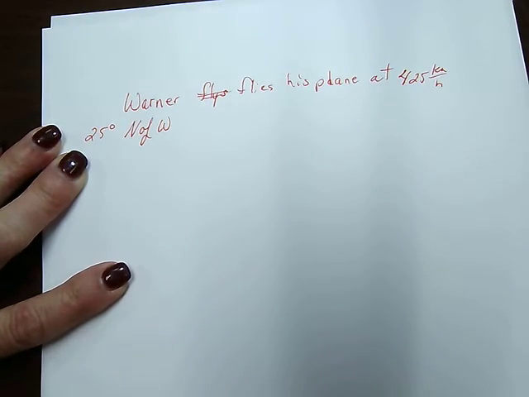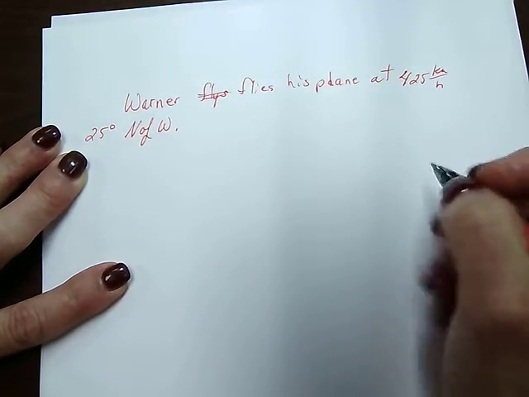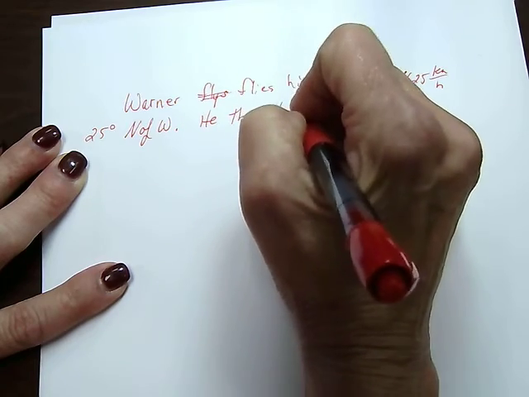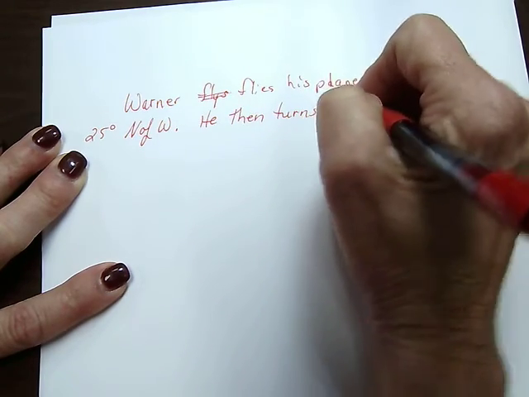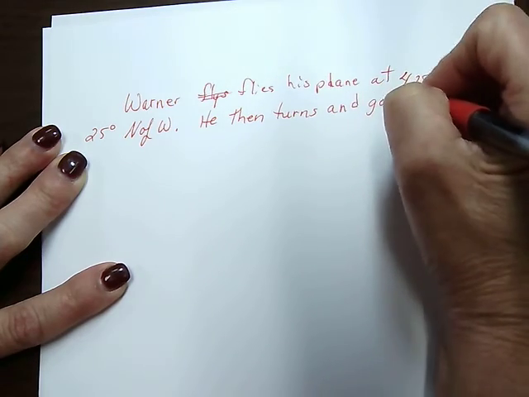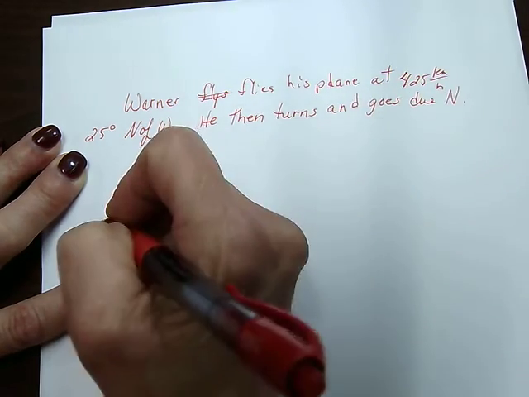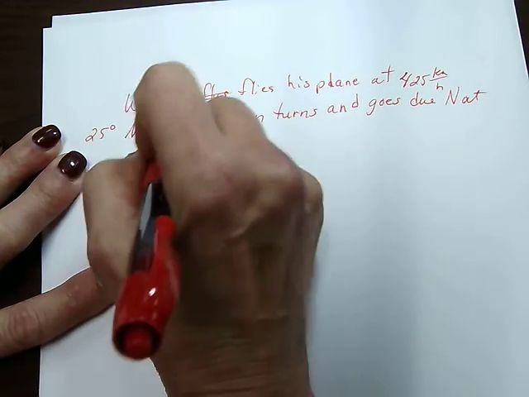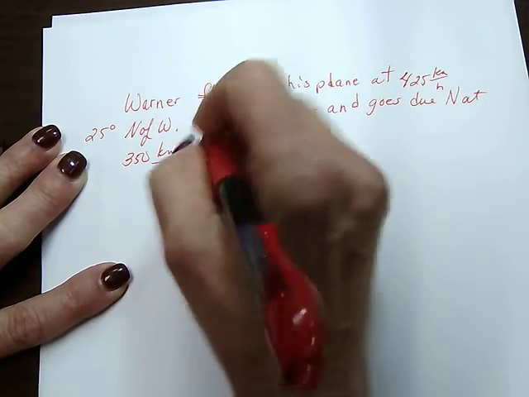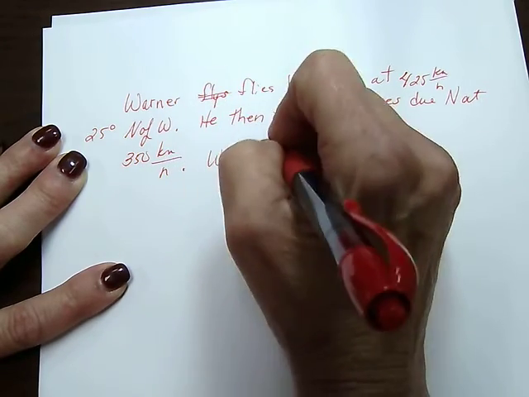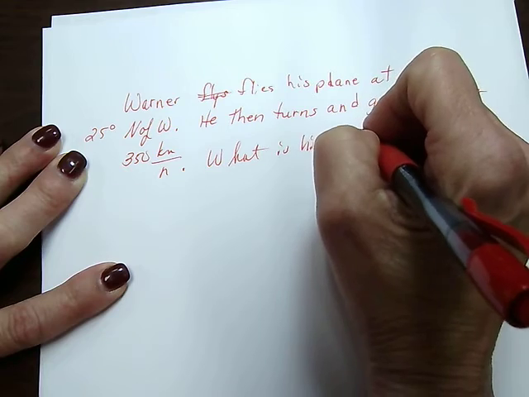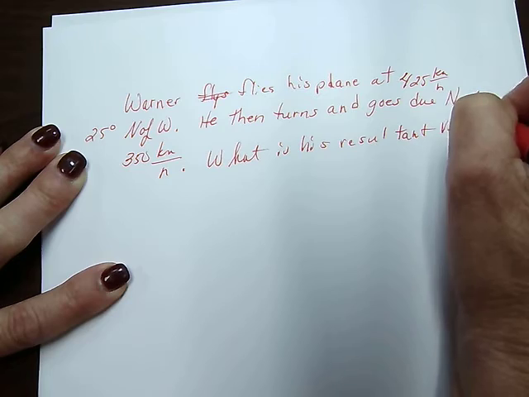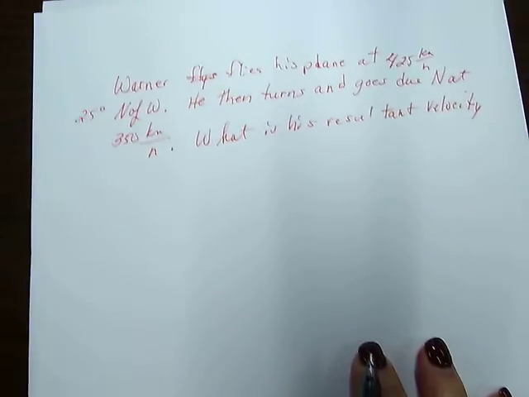Okay, he's going to Alaska. He then turns and goes due north at 350 kilometers per hour. What is his resultant velocity? Okay? Work that one.